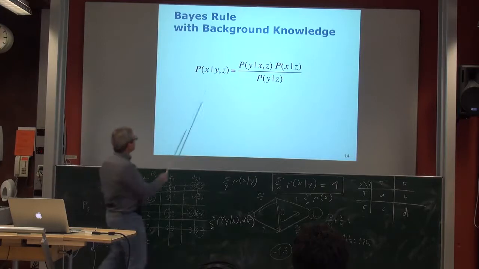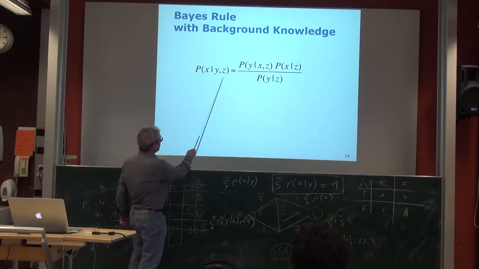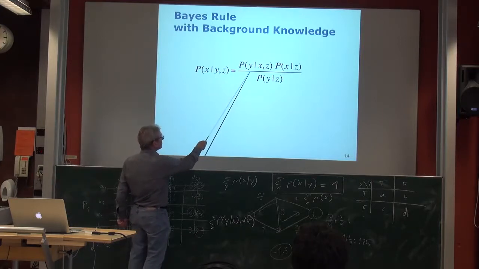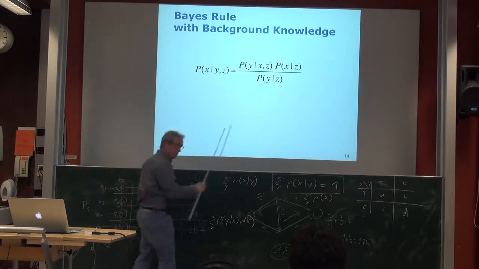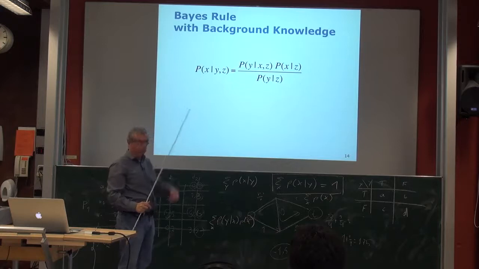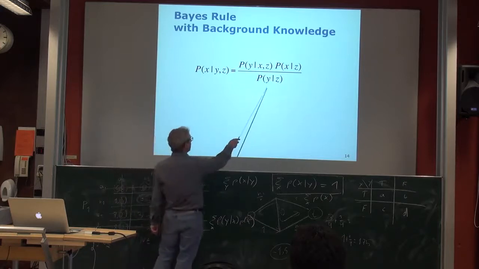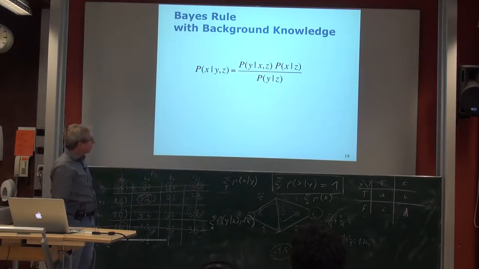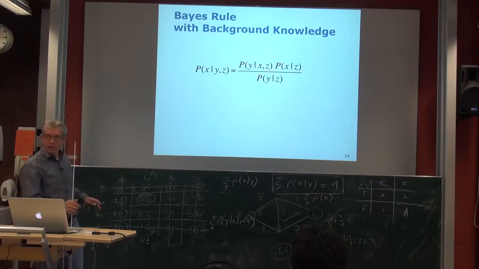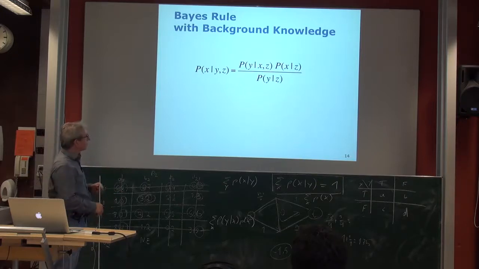So it's p of x given y and z is the very same as p of y given x and z times p of x given z, so we basically add this bar z to the right-hand side, divided by p of y given z. For those of you who are interested, it's a relatively nice exercise calculating this.